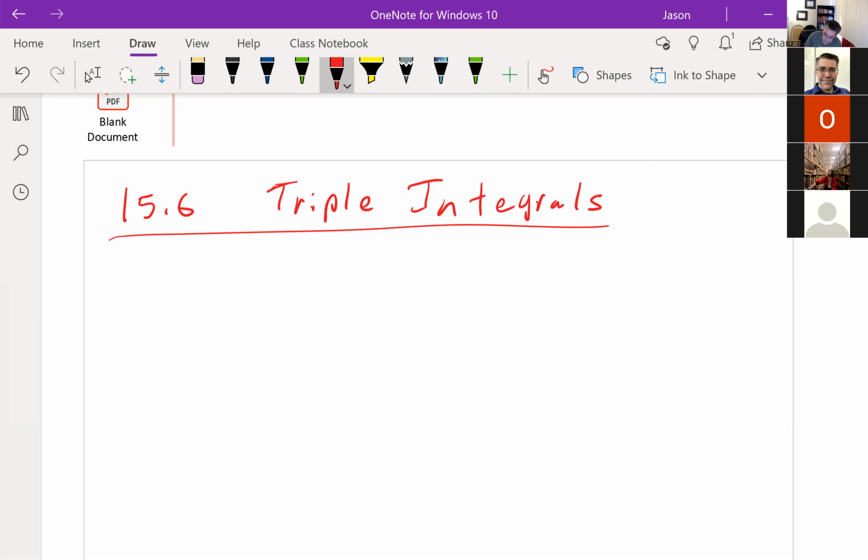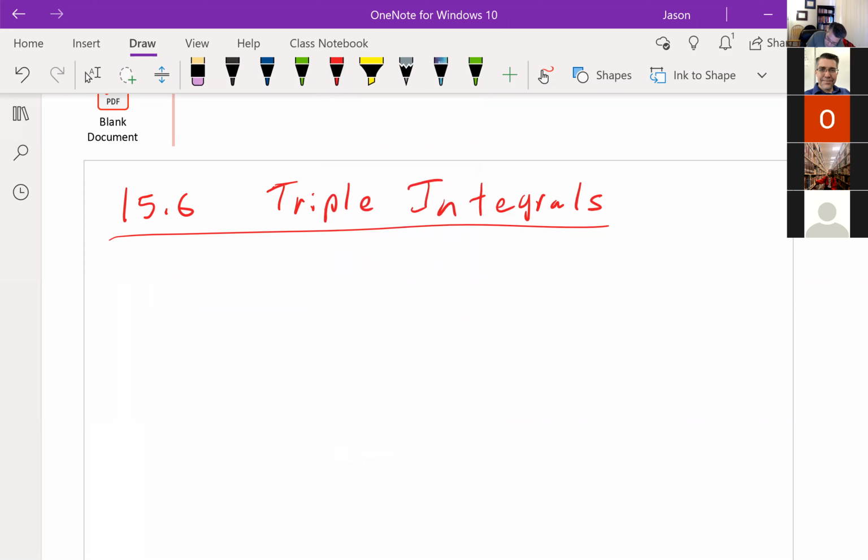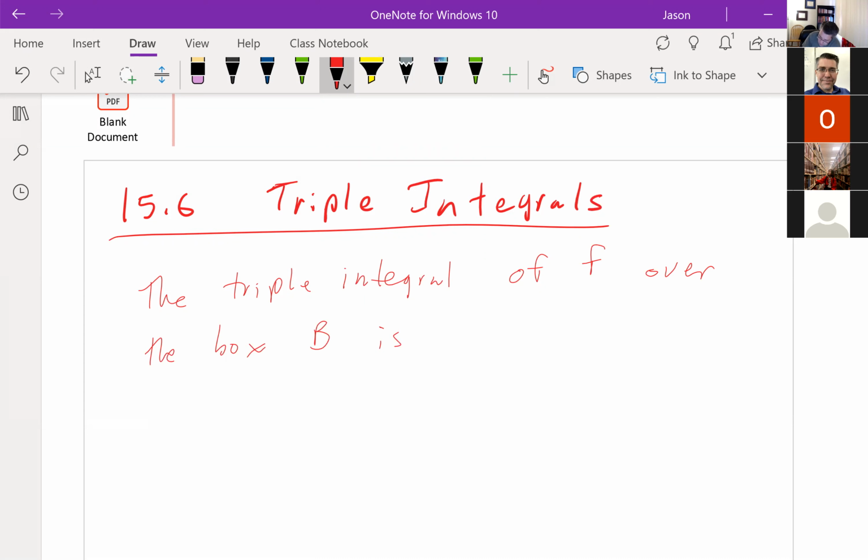So let's do this. A triple integral. The triple integral of f over the box B is the integral.